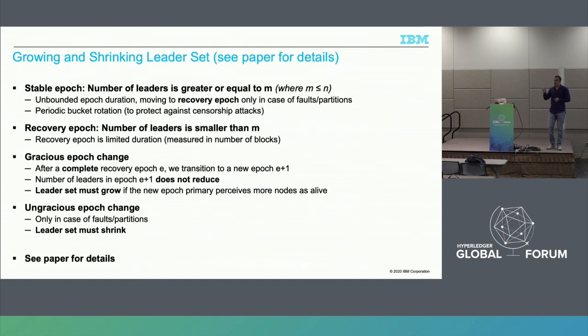You could be aggressive, you could cut the leader size in half, you can grow it faster than +1, so there is tunability in the protocol. The main principle is, if we made progress, we are going to grow the leader set. If there are faults, we are going to shrink the leader set.